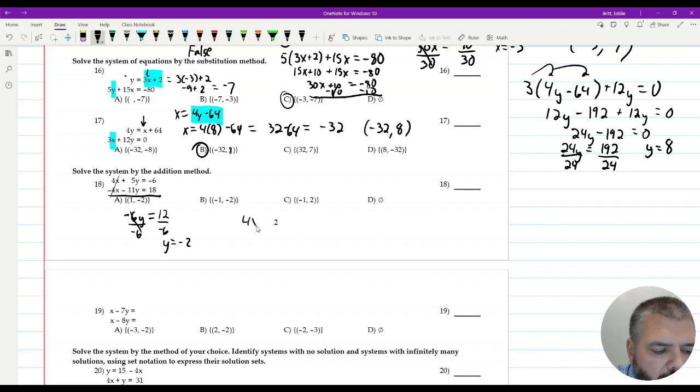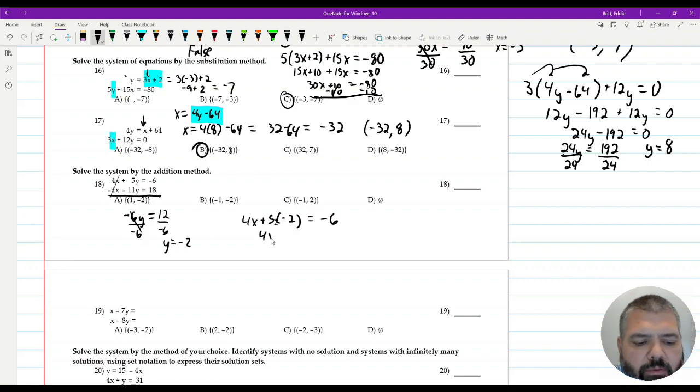So that would be 4x plus 5 times y is negative 2, so 5 times negative 2 equals negative 10. Again, what did I just do? I solved for y, and I got negative 2. So I took where I have a y in my first equation, and I plugged a negative 2 in. Now I'm going to solve for x.